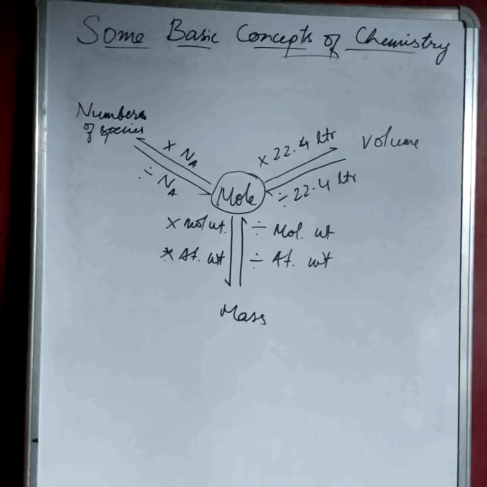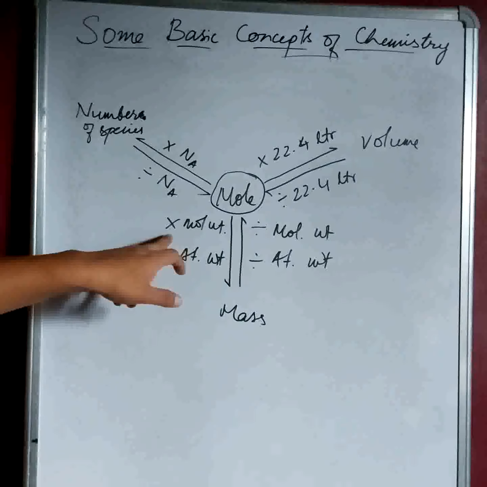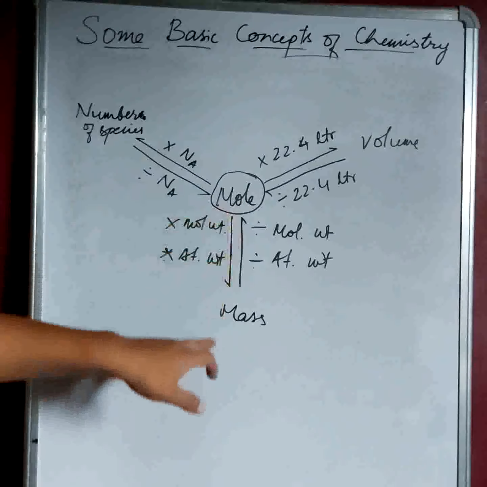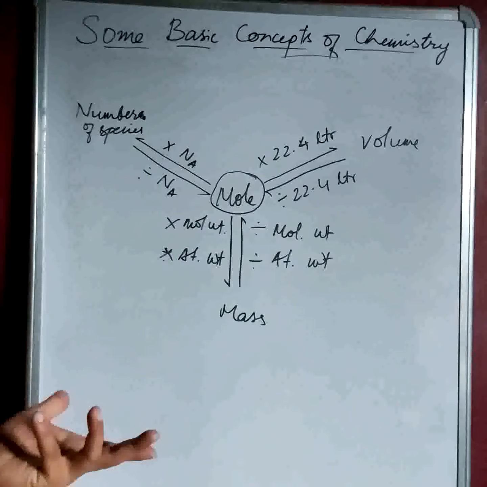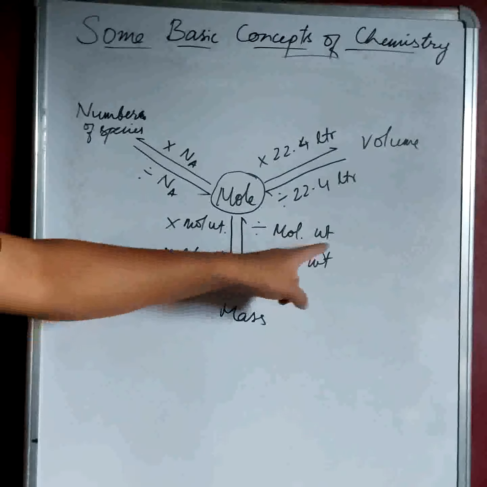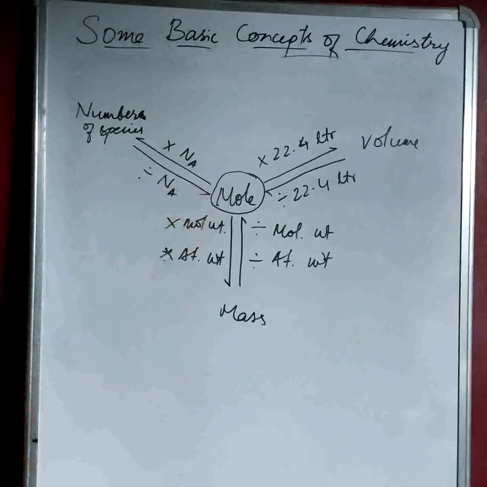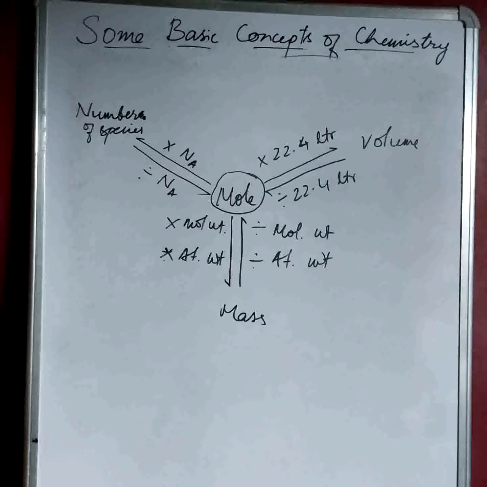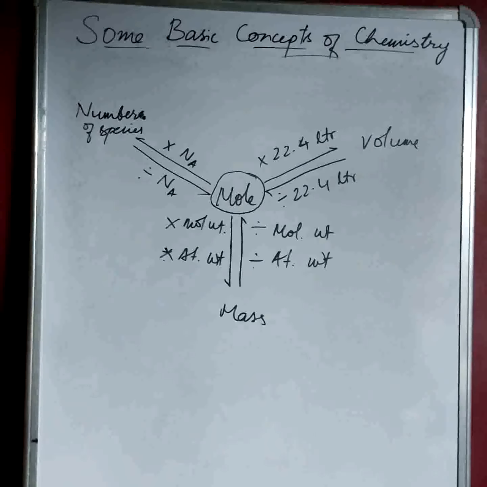Similarly, to find the mass, you just have to multiply the mole with the molecular weight or atomic weight, then you get the total mass of that particular compound or atom. And if you divide the mass that is given to you by the molecular weight or atomic mass, then you get back the number of moles. So this is a small relationship between mole, number of species, volume, and mass.